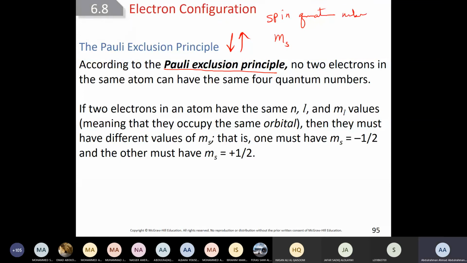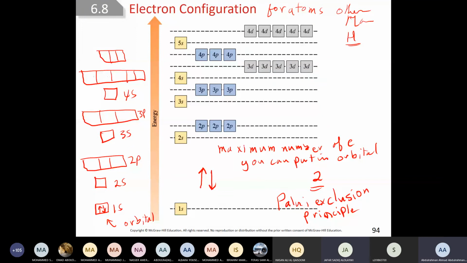They must spin in different directions. This is called the Pauli exclusion principle. You must memorize it. It says that the maximum you can put is 2 electrons and they must be spinning in different directions. Good. That's called what? The Pauli exclusion principle. Memorize the name, very important.